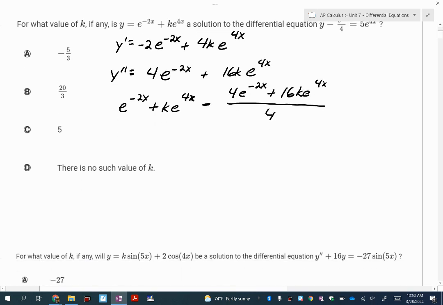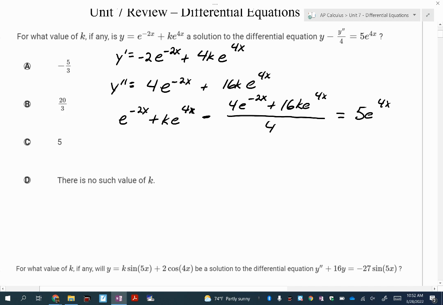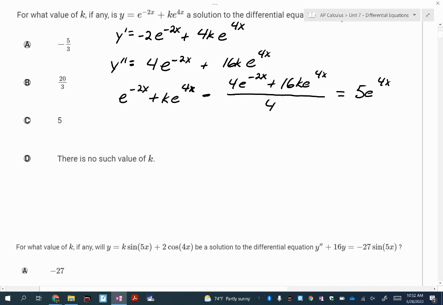At the end of the day, this is going to be equal to 5 times e to the 4x power. The last two terms are divided by 4, so I'm going to go ahead and do that. Copy these down. That becomes negative e to the negative 2x power, and then minus 4k e to the 4x power.